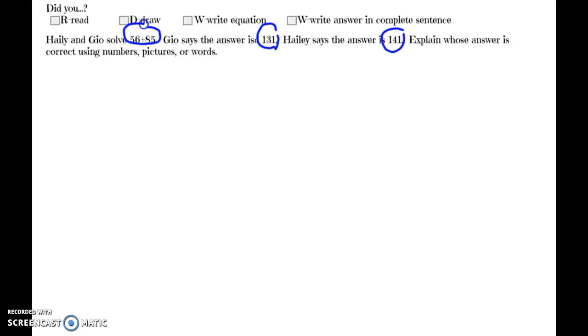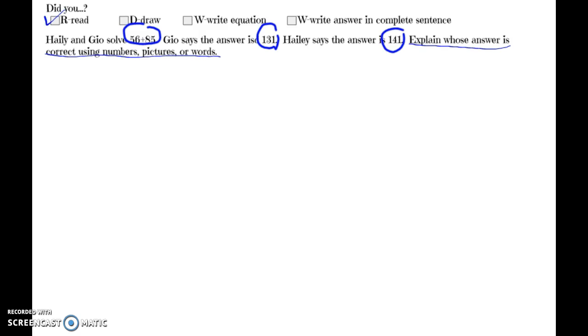Now I need to find my important information. Geo says his answer is 131 and Haley says her answer is 141. The problem wants me to explain whose answer is correct using numbers, pictures, or words.